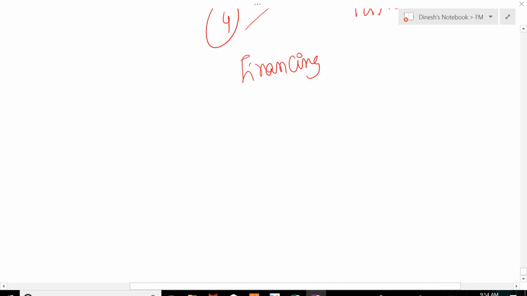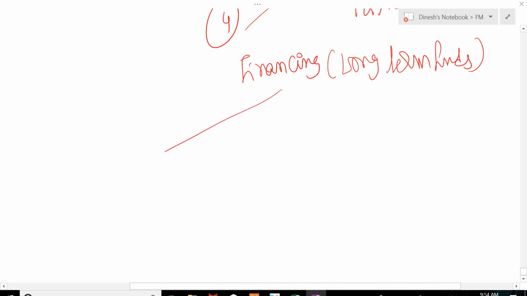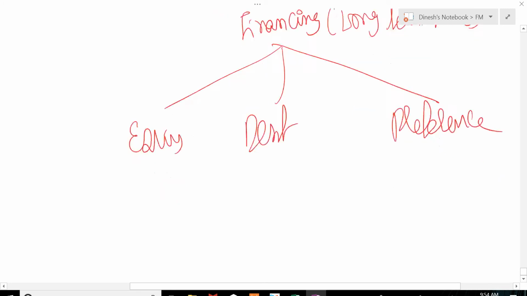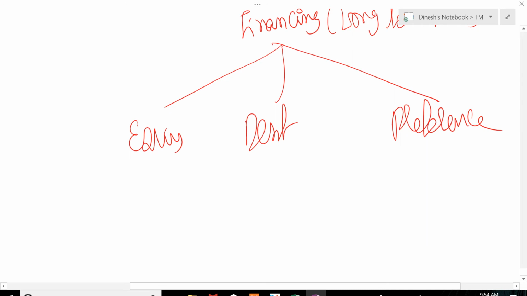In finance, capital means long-term funds, and there are 3 types of long-term funds: equity, debt, preference. The first part of this chapter is going to focus on all of these 3: equity, debt and preference.